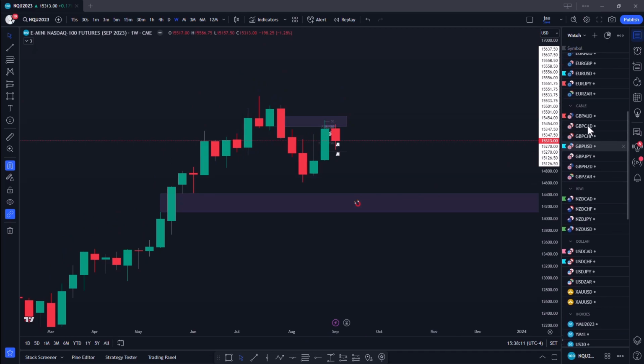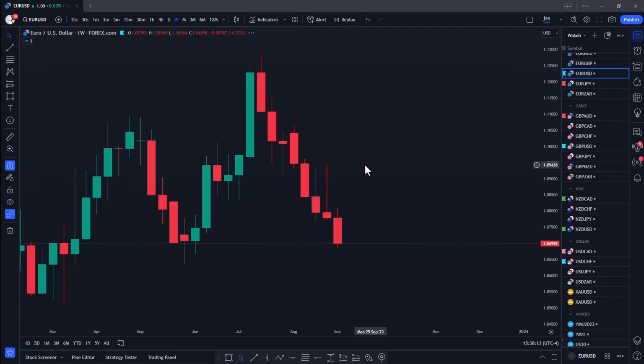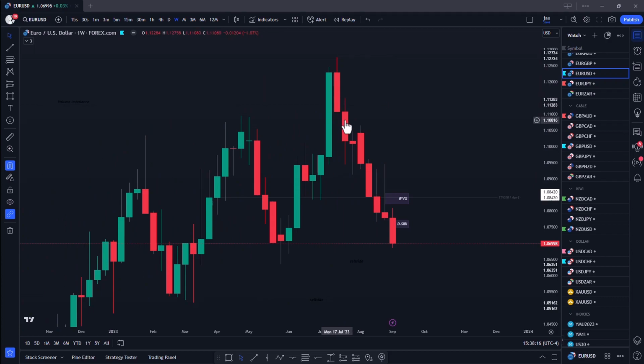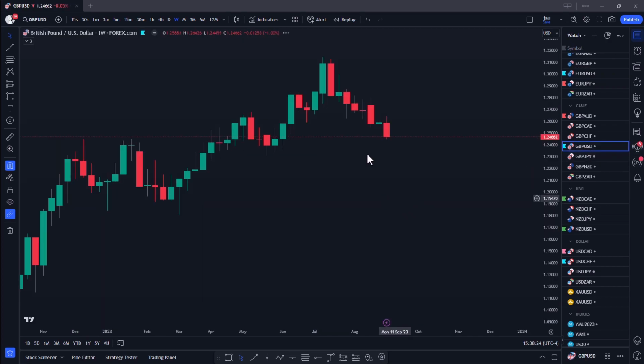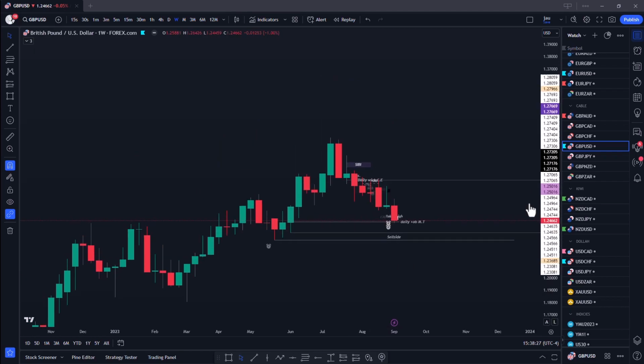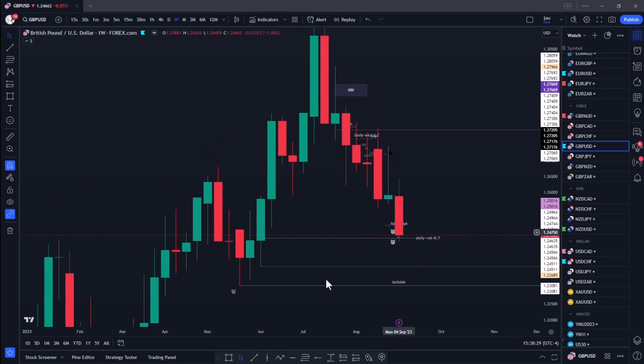But when we go to the euro, for example, it's just been bearish, bearish, bearish, bearish, bearish, bearish, bearish. Literally the exact opposite of what the dollar is doing. The pound, same thing, just a little bit stronger than the euro. We haven't swept the sell side yet, that the euro has already swept.